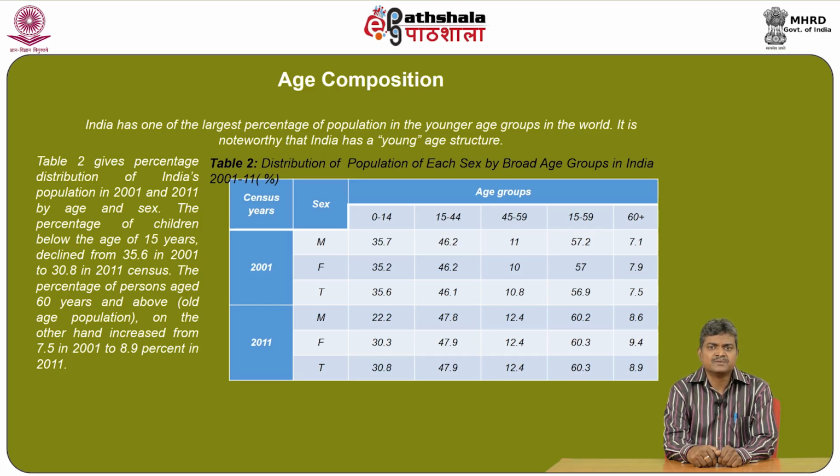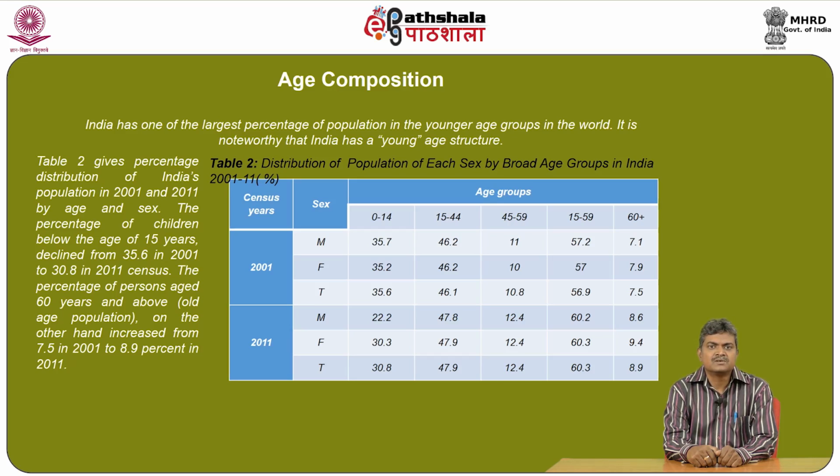The percentage of children below the age of 15 years declined from 35.6 in 2001 to 30.8 in the 2011 census. The percentage of persons aged 60 years and above, the old age population, on the other hand, increased from 7.5 in 2001 to 8.9% in 2011.